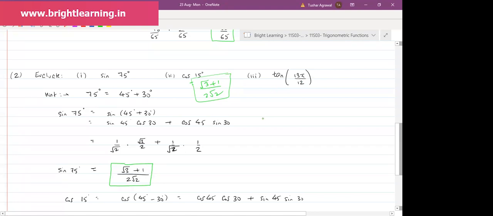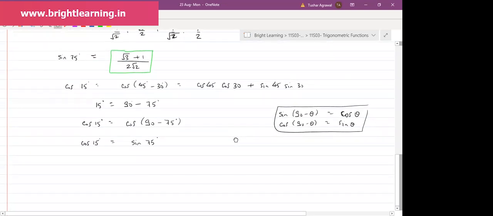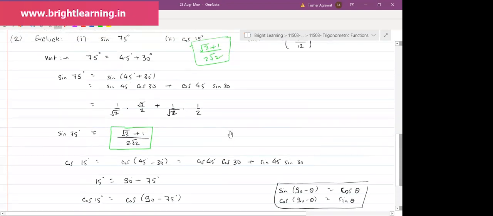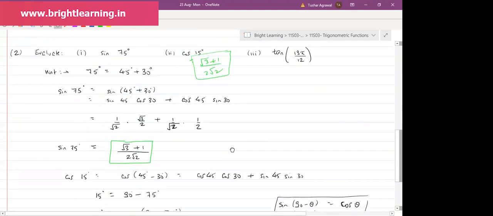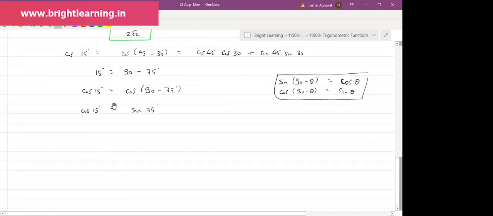Tan 13 pi by 12. Think for a while. Tan 195. Now how to calculate 195? It's a very big angle. Sir, can we do it as 180 plus 15? Yes, that's correct. That is the only way how you should proceed.